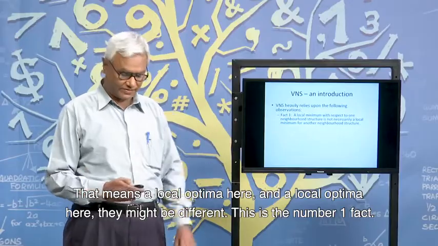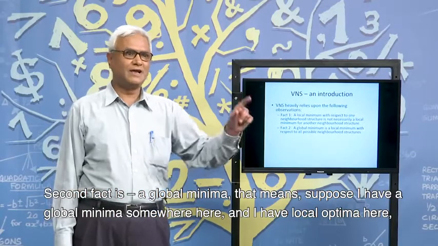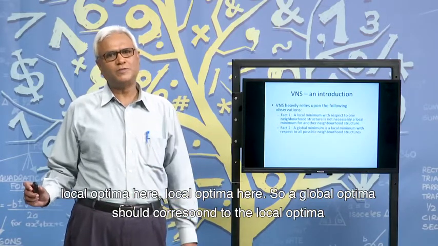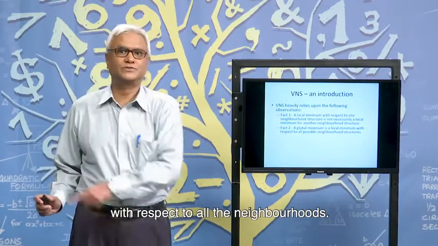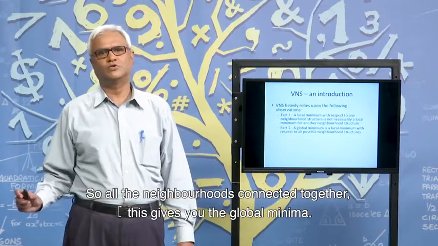This is the number one fact. Second fact is about the global minima. Suppose I have a global minima somewhere here and I have local optima here, here, and here. A global optima should correspond to the local optima with respect to all the neighborhoods. So all the neighborhoods collected together give you the global minima.